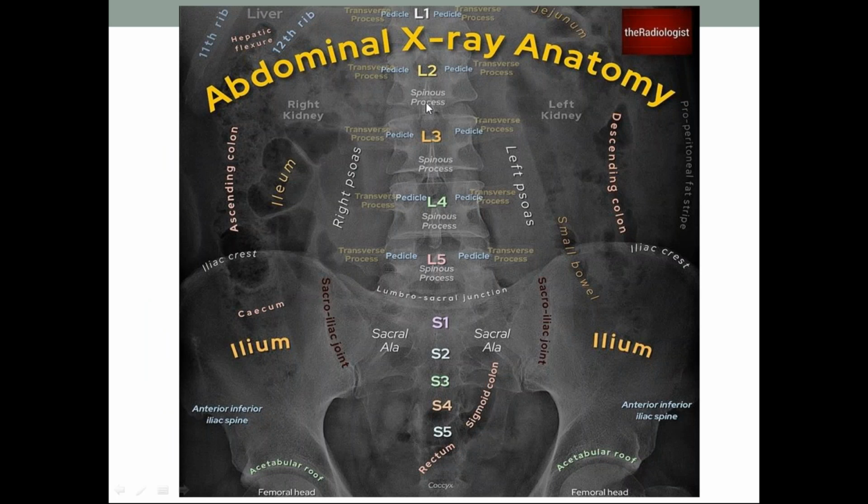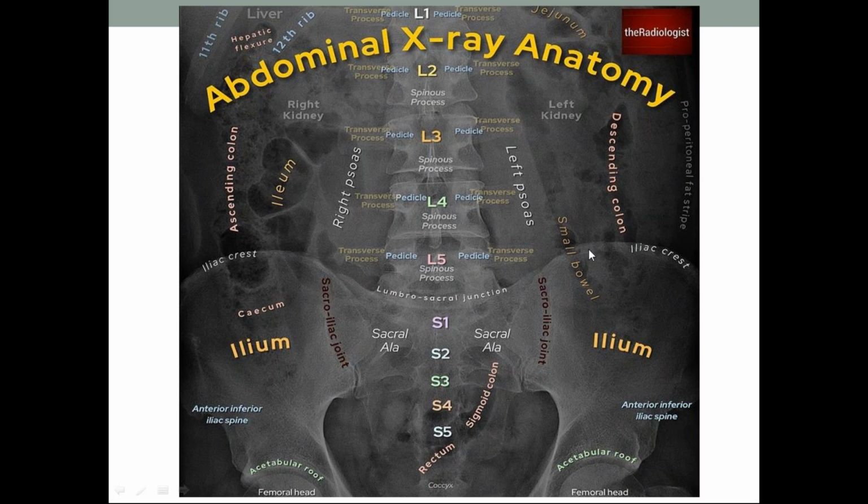This is the normal abdominal X-ray anatomy. You can see here these are the ribs, and then you can also appreciate the liver shadow here on the right side. On the left side we are unable to see clearly here; actually, it's a part of the splenic area.